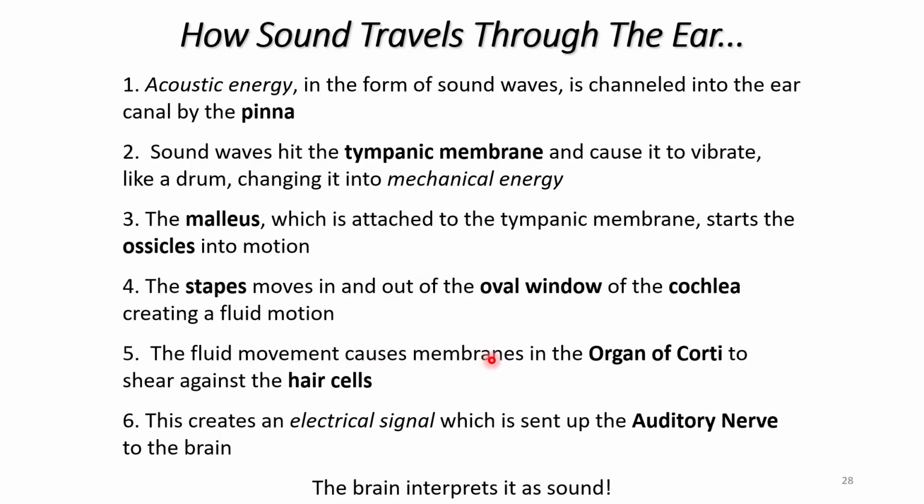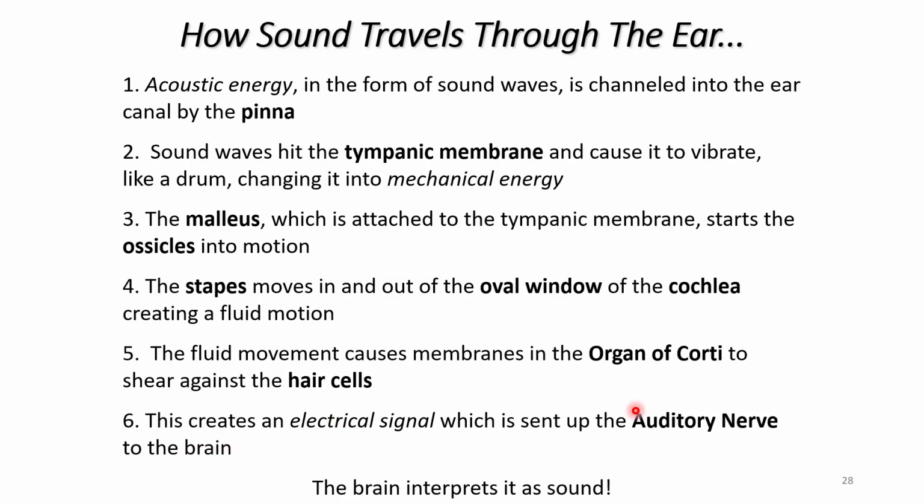The fluid movement causes membranes in the organ of Corti to shear against the hair cells. This creates an electrical signal in the hair cells, which is sent up to the auditory nerve, and then to the brain.